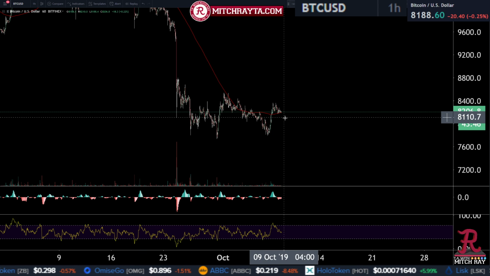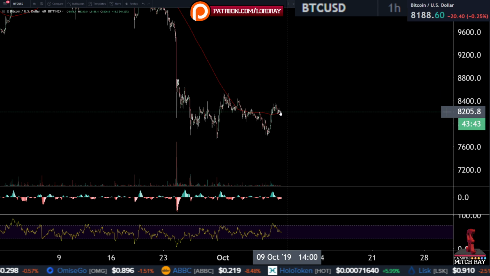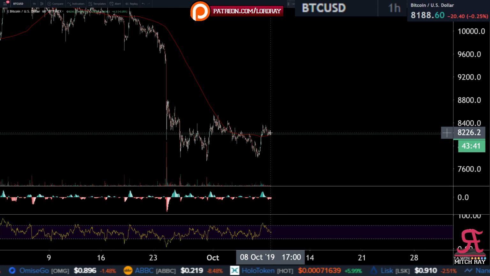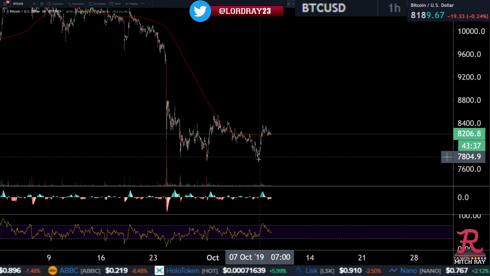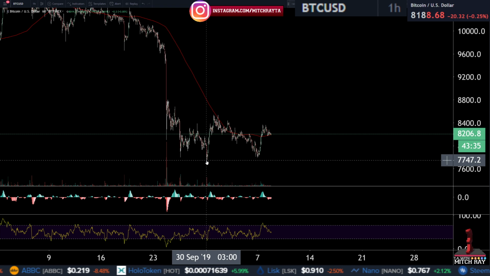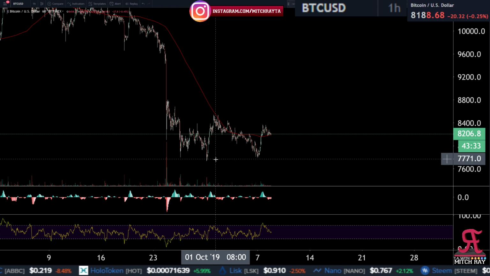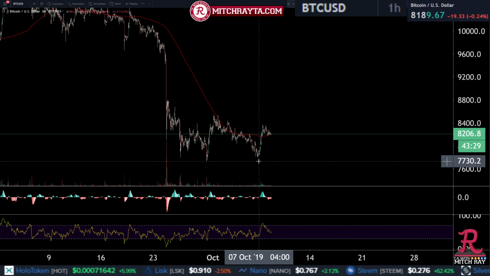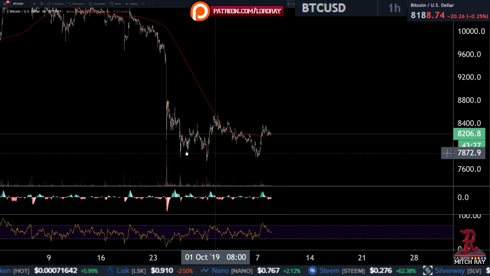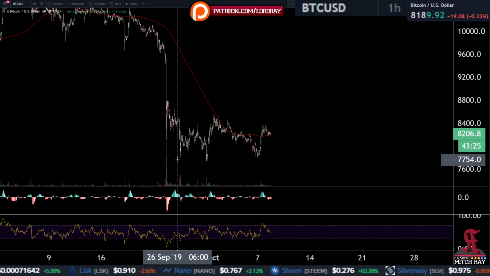Okay, and maybe we're flagging now, and that could be what propels us upwards. All right, you have to understand, this is a higher low than this low. All right, that's a very good thing. Like, that's accumulation. It's not the exact same one, even though it's close, right? It kind of matches the September 26th level.